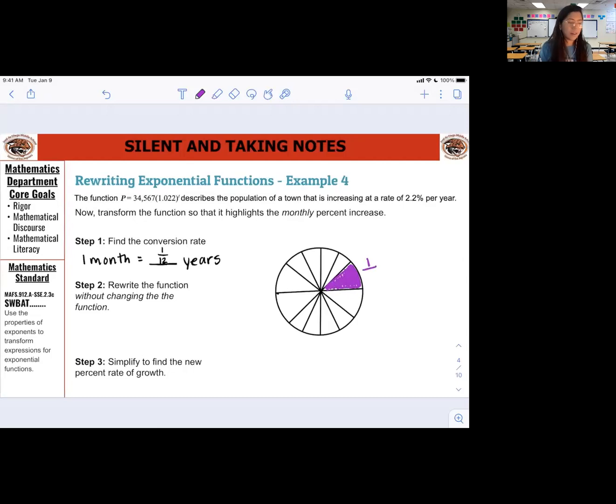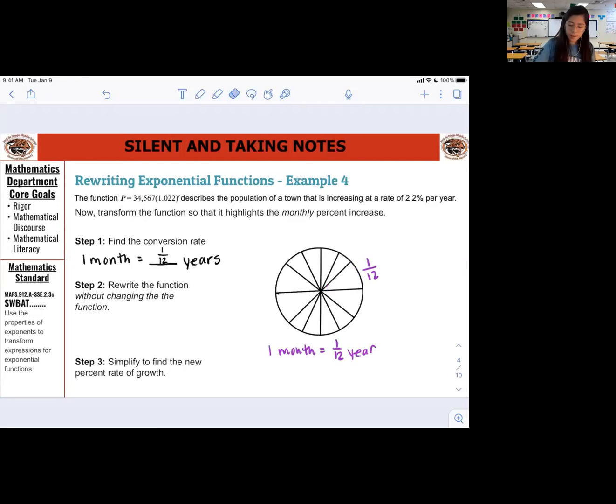How many in total are there? 12 in total, right? So 1 slice is 1 out of 12. So 1 month is 1/12 of a year, right? Because it's 1 slice out of 12.